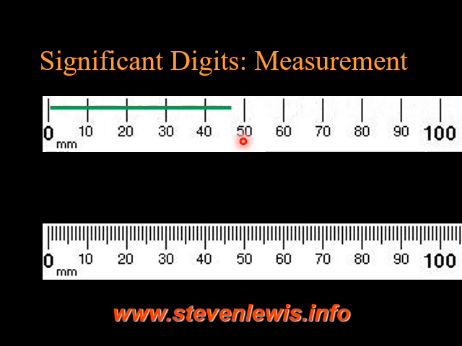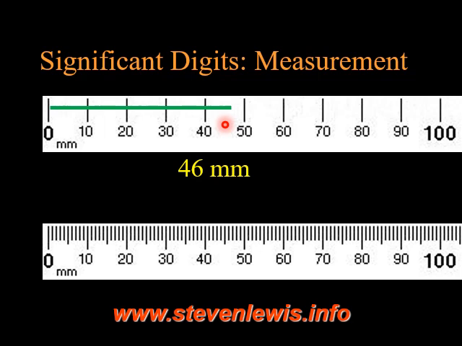We're allowed to estimate one place when we do a measurement. So we count the first place as 1, 2, 3, 4, and now we estimate the second place. It looks like this line is just a little past halfway between 40 and 50 millimeters. So we estimate the second digit is 6 and report the line's length as 46 millimeters.